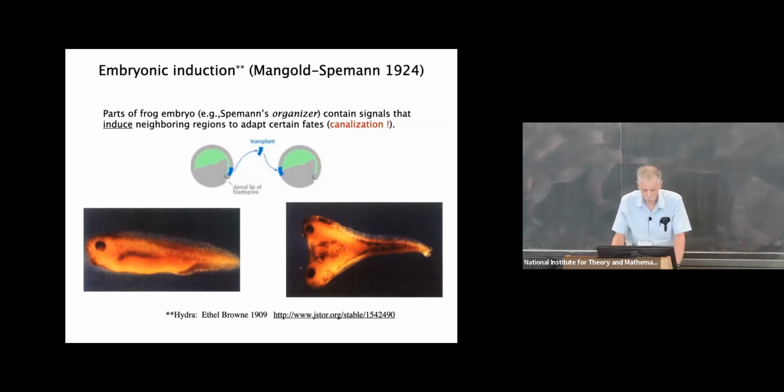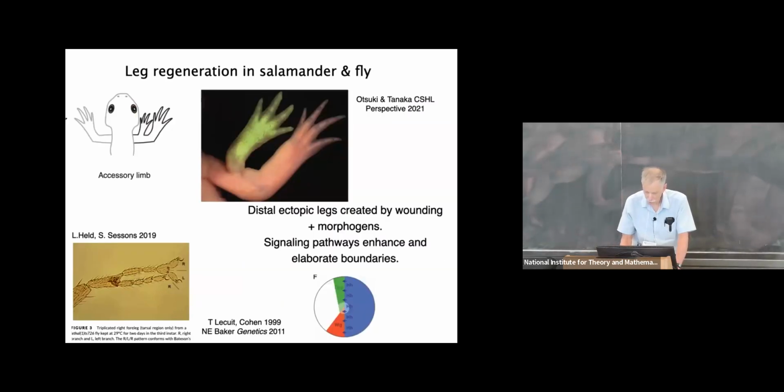You put it on the ventral side of another embryo, paste it in, and what you will see, if you have good hands, is the figure on the lower right, in which you have a replicated trunk axis, which demonstrates induction because it is the host tissue that is induced by the transplanted fragment, dorsal lip, to produce a second axis. More interesting are these regeneration systems, salamander and fly.